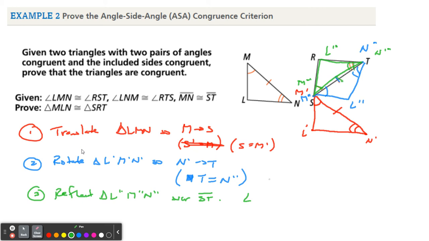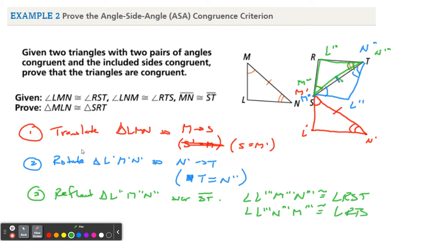So now notice that angle L triple prime, M triple prime, N triple prime is congruent to angle RST, and angle L triple prime, N triple prime, M triple prime is congruent to angle RTS, right?